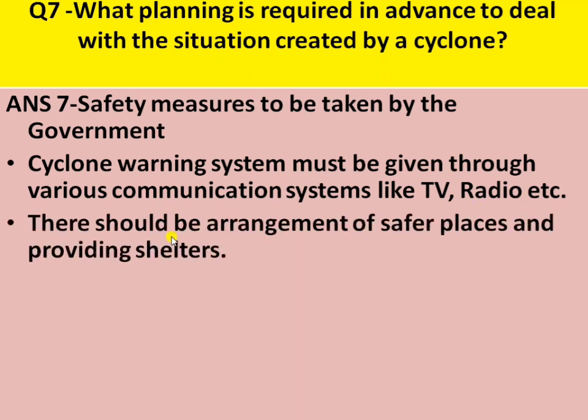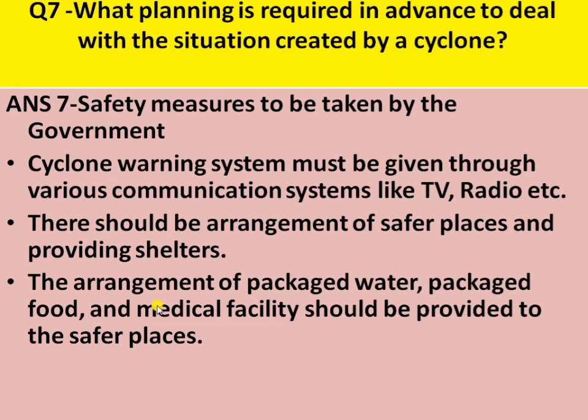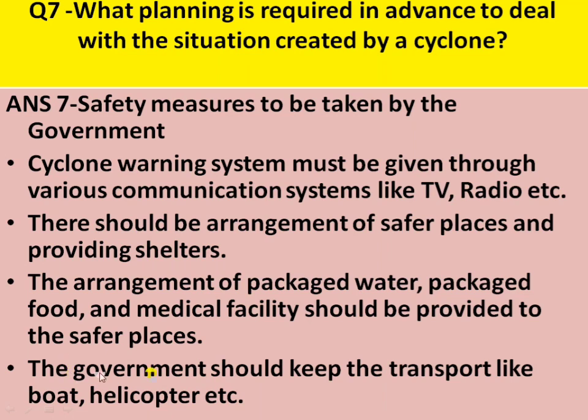Second, there should be an arrangement of safer places and shelters for all the people. Third one is the arrangement of packaged water, packaged food and medical facilities at the safer place. These are the safety measures to be taken by the government. And the government should keep transport like boats and helicopters ready.